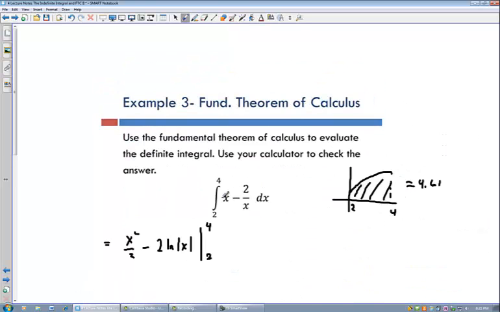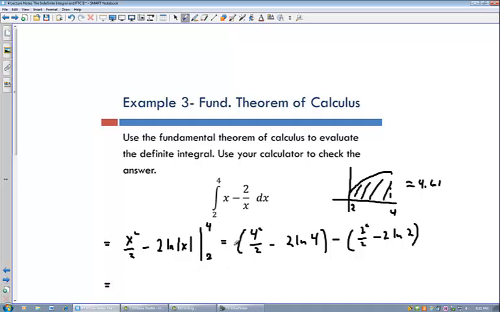Sorry. So back down here, if you plug in 4, what do you get? So you get 4 squared over 2 minus 2 ln of absolute value of 4, which is just 4. So you don't need to write the absolute values on it because 4 is already positive. Minus, and then you have 2 squared over 2 minus 2 ln of 2. You don't need to write the absolute values because 2, again, is already positive.